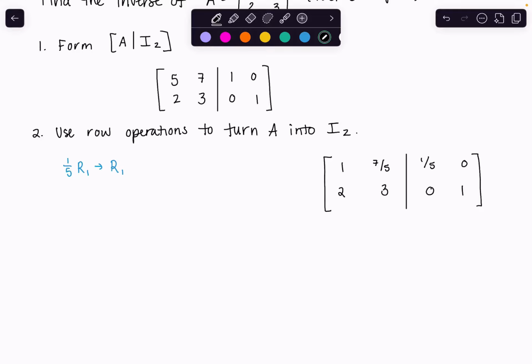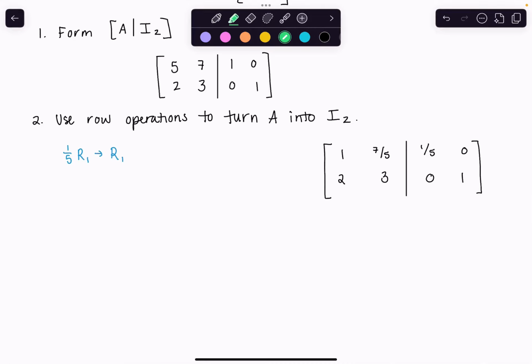Okay. Then once I get that first position a 1, I want to turn everything underneath to zeros. Okay. So for this, I'm going to take -2 times row 1, add it to row 2, and this is my new row 2.